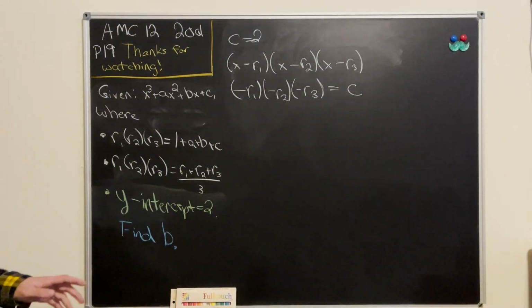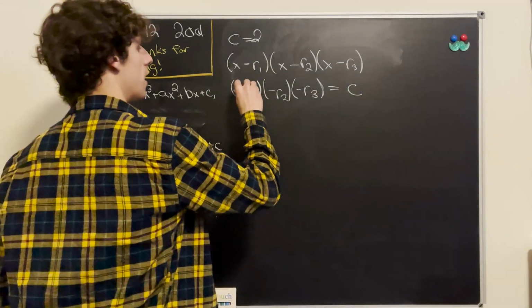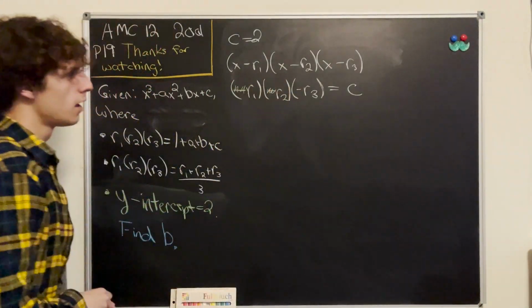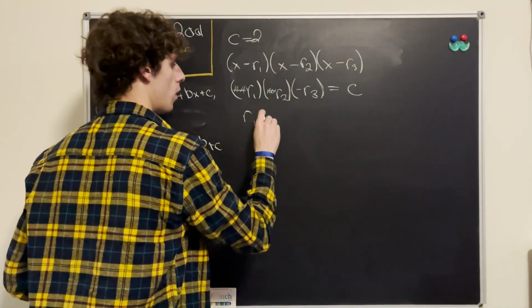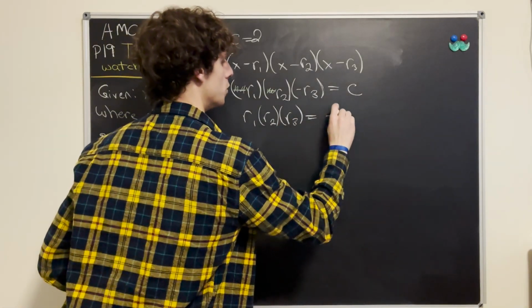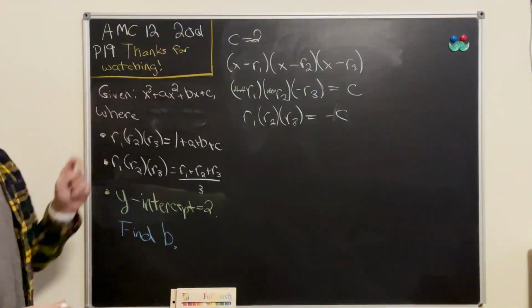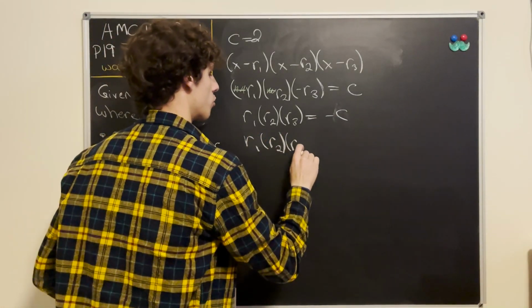And that's because those are the only terms with no x's attached. So we can cancel this negative sign and this negative sign because they're multiplied together, and then we'll go ahead and move that one to the other side to say that r1 times r2 times r3 is equal to negative c. But we know that c equals 2, so we also know that r1 times r2 times r3 is equal to negative 2.